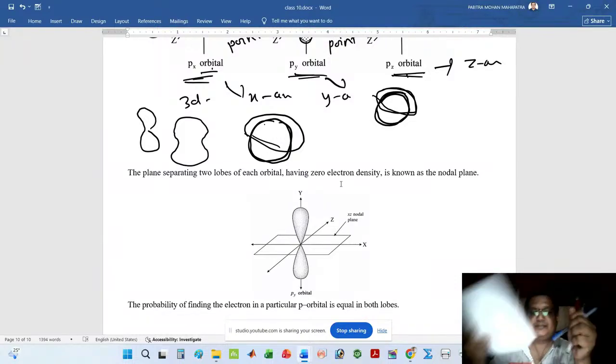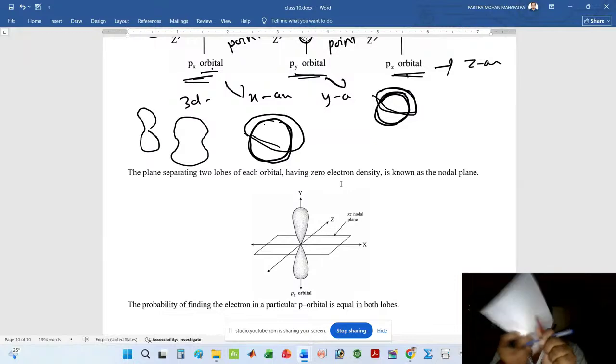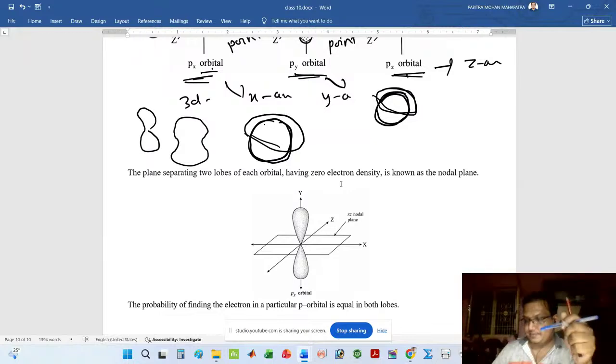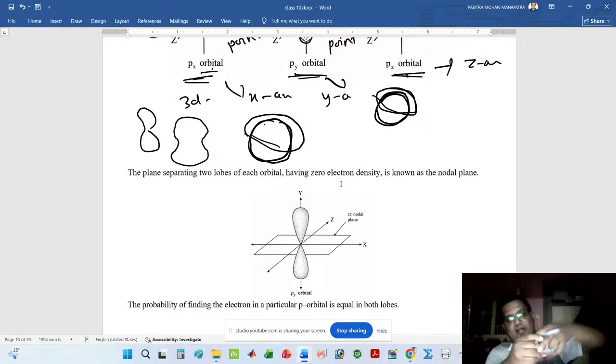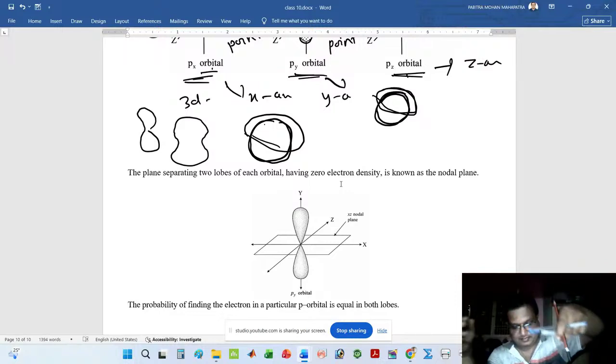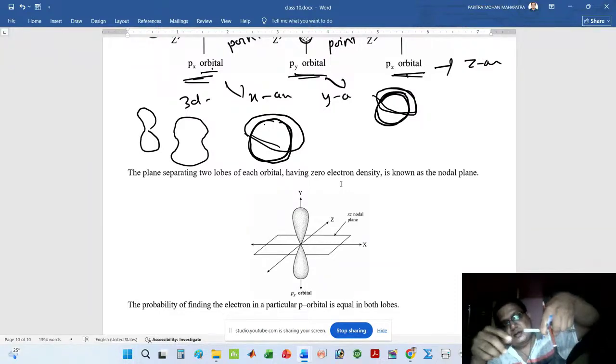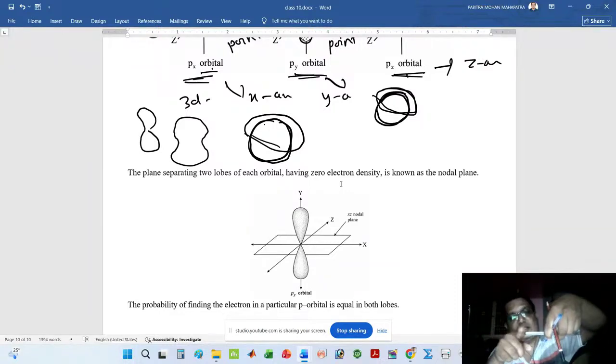Suppose this is in paper. There are three axes present here. Let me explain how I will explain. Look at this. Here, suppose this is your x-axis, this is your y-axis, this is your z-axis.